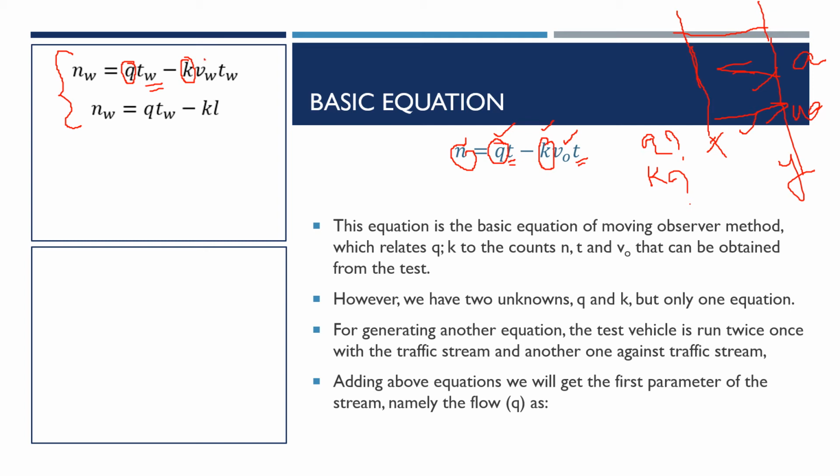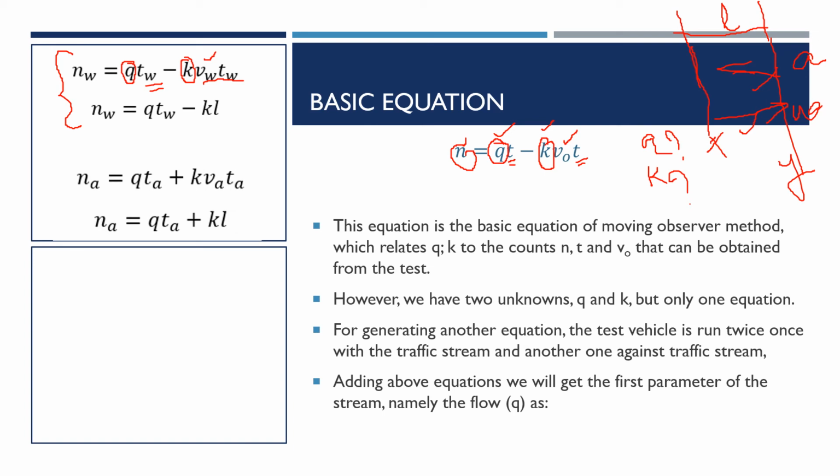That's why VW again. Or if you are not interested in writing it in this manner, you can reduce the equation in terms of its stretch length L. So VW into TW represents the L of it. So NW is equal to Q TW minus K L can also be written.